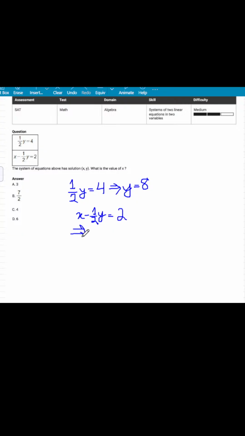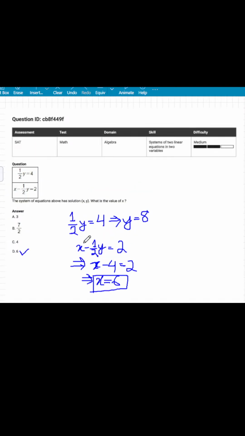So y is 8, so half of y is 4, so x minus 4 is equal to 2. So that gives x equal to 4 plus 2, which is 6. Okay, so this is the correct answer. So option D is the correct one.